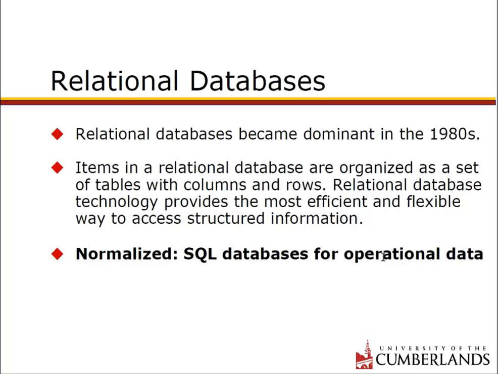SQL databases excel at handling these operational workloads efficiently while maintaining data consistency and integrity. Now, the combination of structured organization, mathematical foundations, and powerful query capabilities makes relational databases ideal for the reliable, consistent data management that AI and risk management applications require.